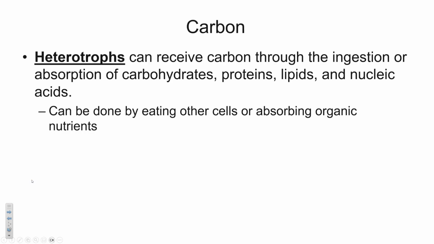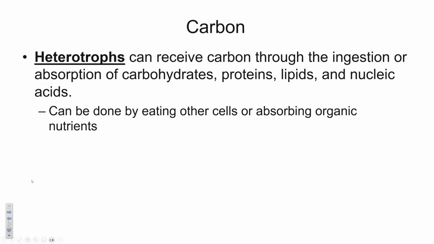Okay, moving on into some of the main elements. I mentioned carbon, hydrogen, oxygen, nitrogen. So when we look at carbon, this really is the main building block for life. It's the foundational building block that everything else is centered around. So where you get your carbon is part of the determination of whether you're a heterotroph or an autotroph, like we just discussed.